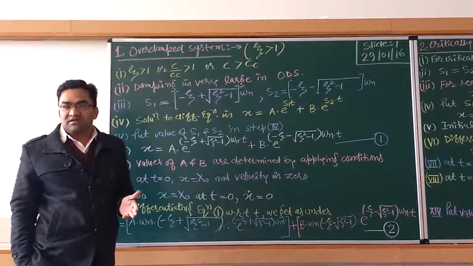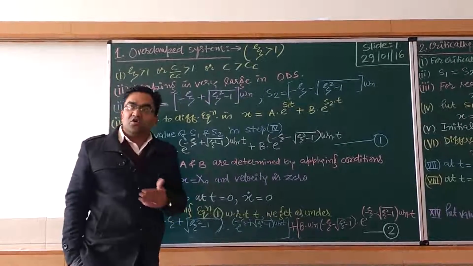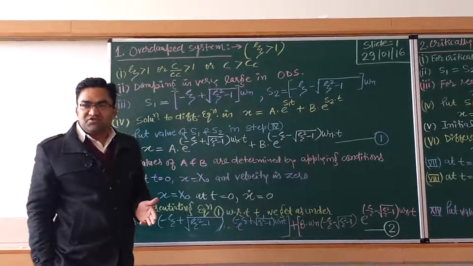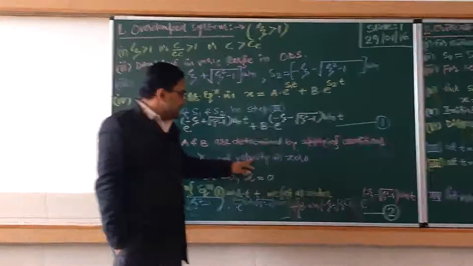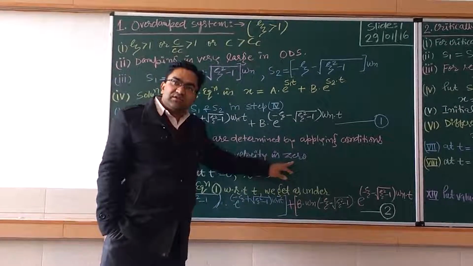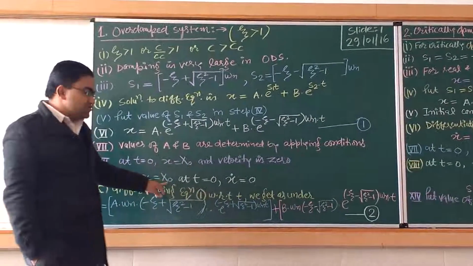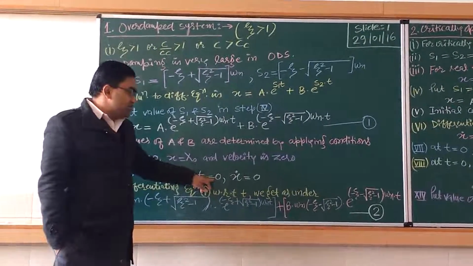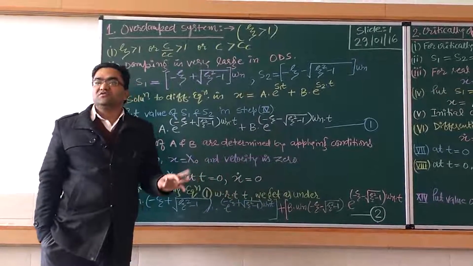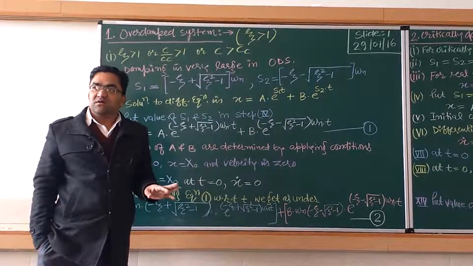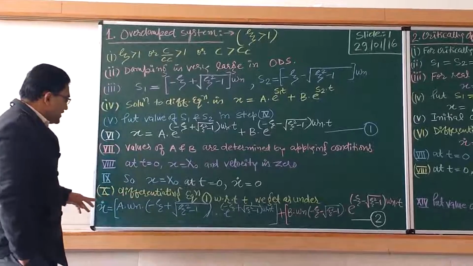There is no movement in the system at all. So if there is no movement and the time is 0, at that time the velocity will be 0. That is quite clear. So at x equal to x naught, t equal to 0, x dot will be equal to 0. x dot is taken as the velocity, you know that.